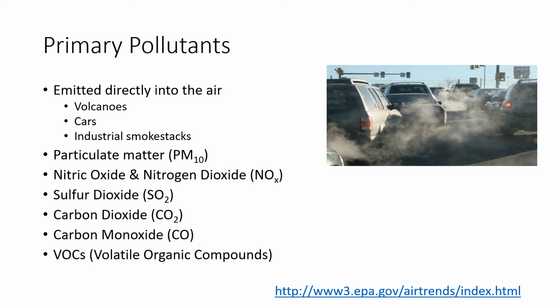Any pollutant that's emitted directly into the atmosphere, just the way that it is, is called a primary air pollutant. So we look at particulate matter, nitrogen oxides, sulfur dioxides, carbon dioxide and carbon monoxide, and VOCs. All of these are emitted directly.